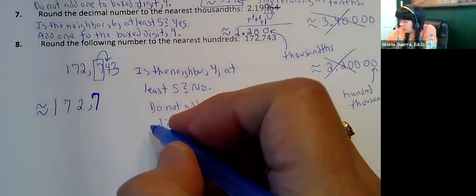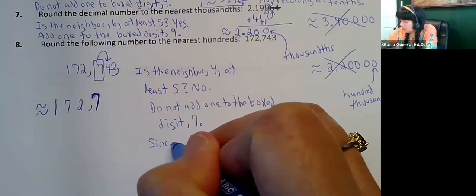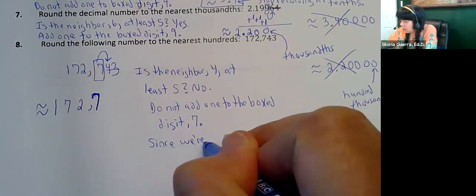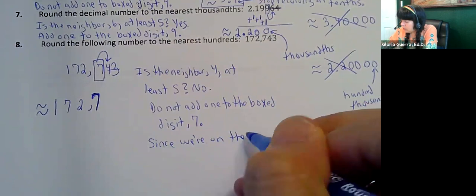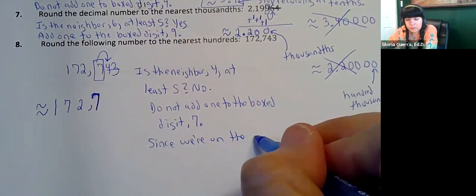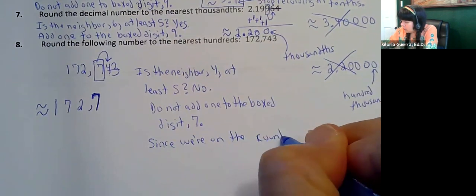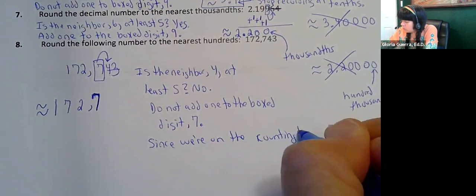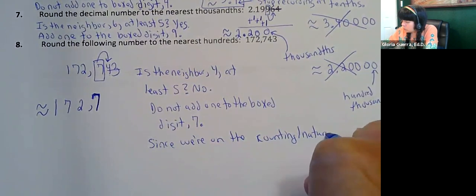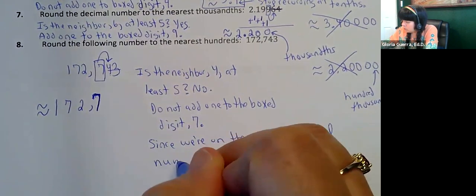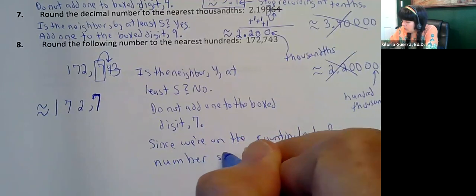So why? Since we're on the counting, natural number side.